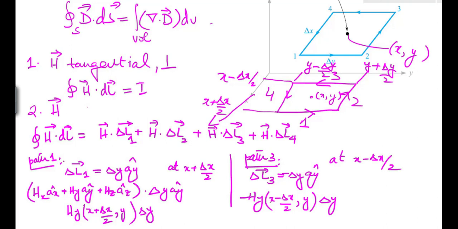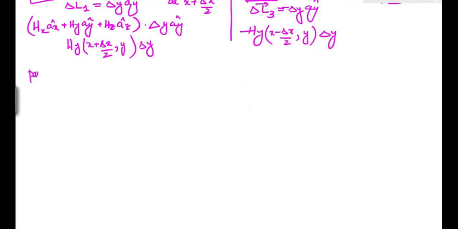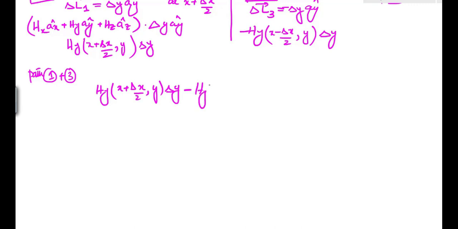So this is what we have: H dot dL1 for path 1, and H dot dL3 for path 3. Now let's add these intensities, as we will add all of them at the end. Adding the contributions of path 1 and 3, we obtain Hy at x plus delta x by 2, y times delta y, minus Hy at x minus delta x by 2, y times delta y.